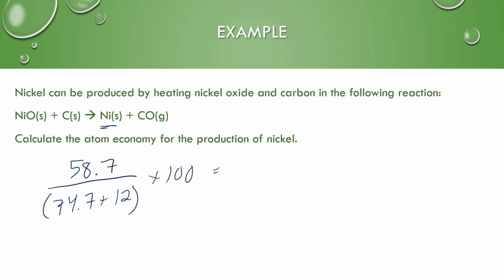We get an atom economy of 67.7%. So that means 67% of the mass is what we want as the products, and the other percentage is waste product. The carbon monoxide gas is the waste or the byproduct.